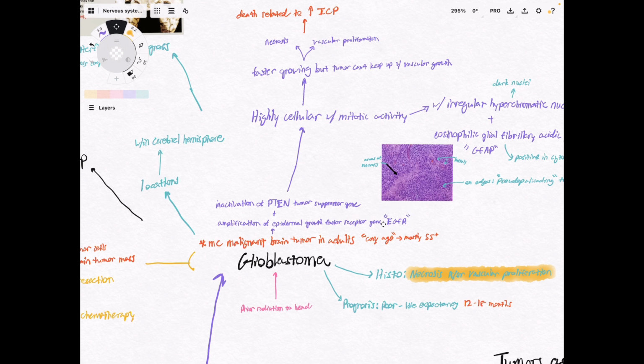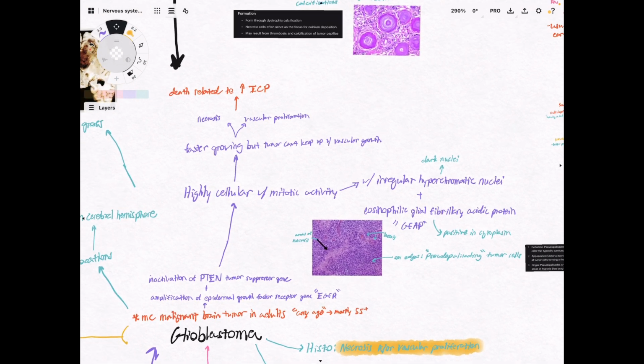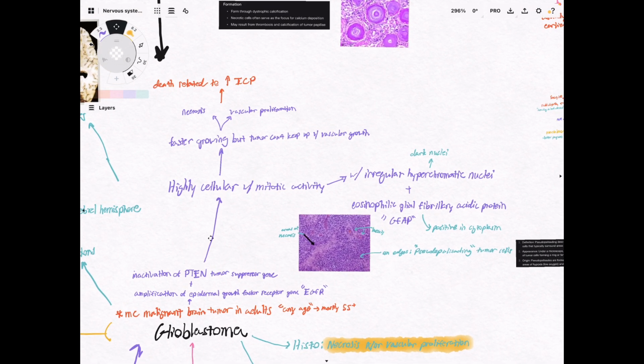This is a gene involved with growing of tissue. And then inactivation of PTEN, which is a tumor suppressor gene, so suppressing tissue growth. So this is kind of a perfect storm that can happen. And this causes cells to grow very fast. They're very highly cellular, and they have a lot of mitotic activity. Of course, mitosis is just cell division.